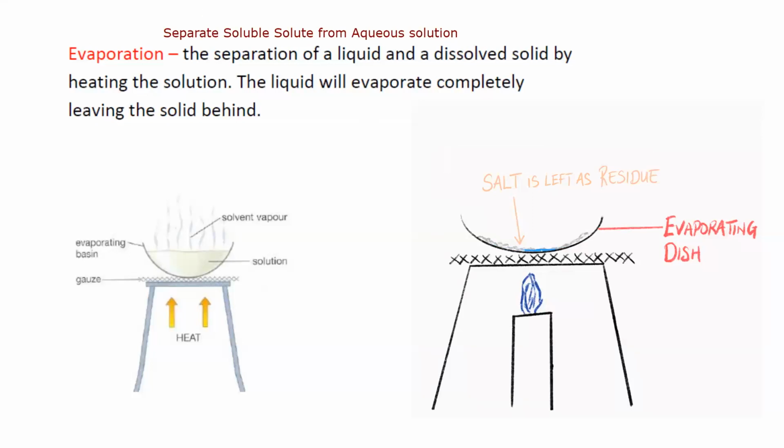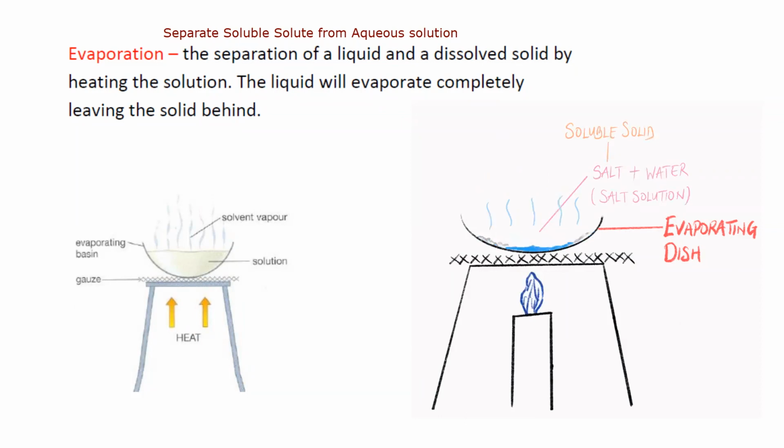So what we simply do, we take a salt solution and we heat it. When we supply heat energy, the solvent will escape as it evaporates, and what we are left with is the salt, and we call that a residue. This technique is known as evaporation.